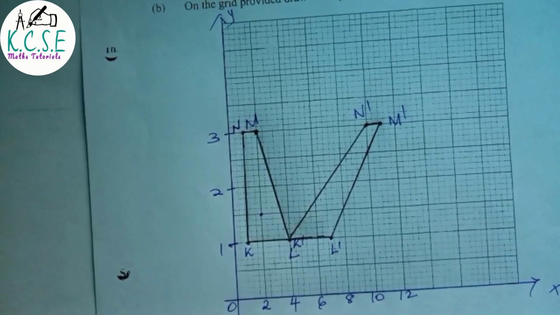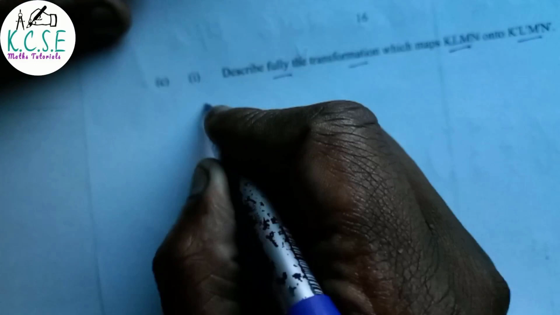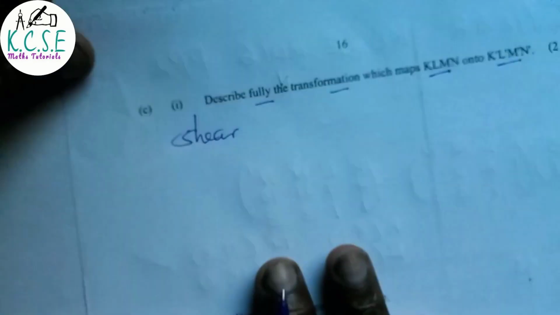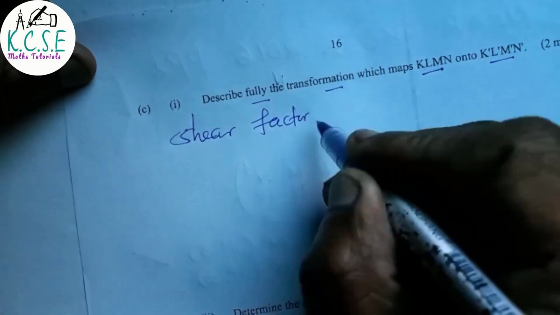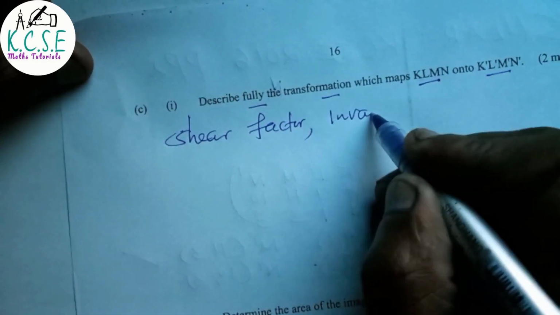How do you describe a shear? Because you have to describe that fully. For you to describe a shear, there are three things that you need to do. You have to give the shear factor. You also need to give the invariant line.